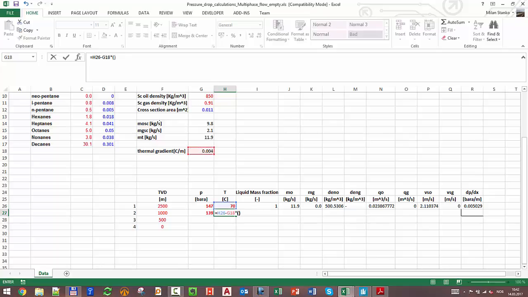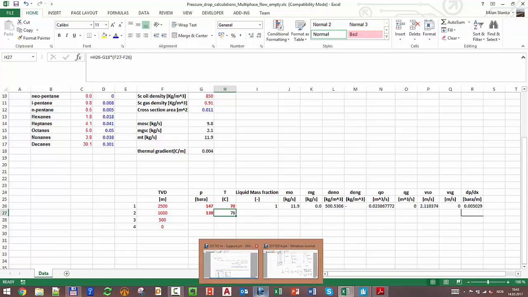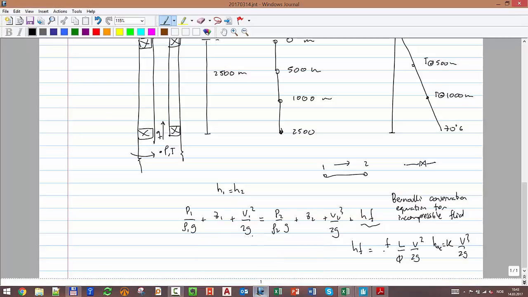Okay, so now I say that temperature will be this temperature minus the gradient times this one minus this one. Sometimes that happens because one is lazy, you have to do everything.